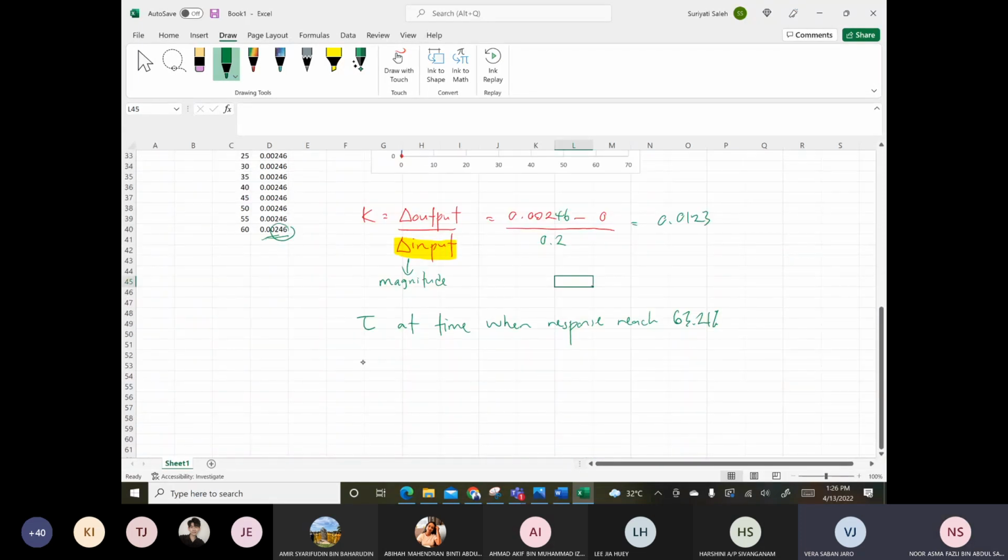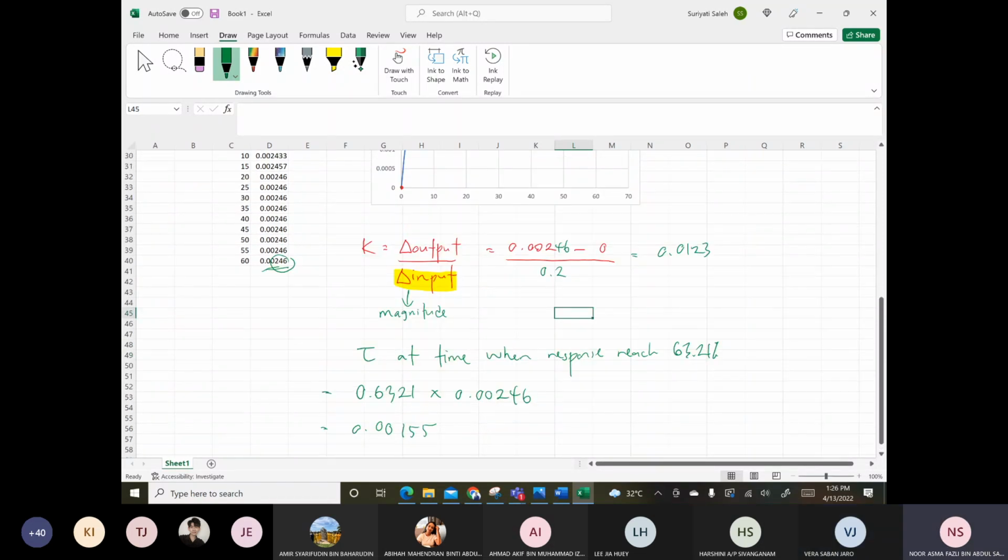So 0.6321 multiplied with 0.00246. You get 0.00155. So this is the value when it is 63.21%.